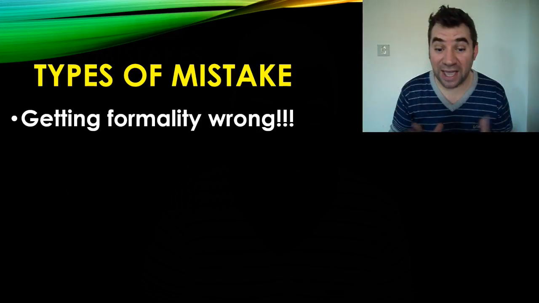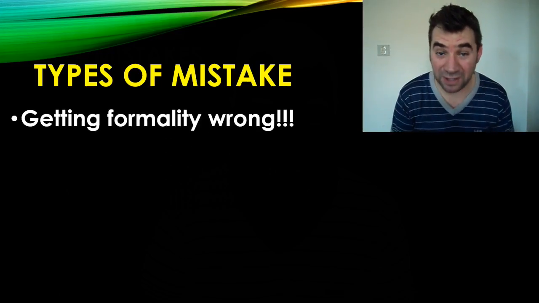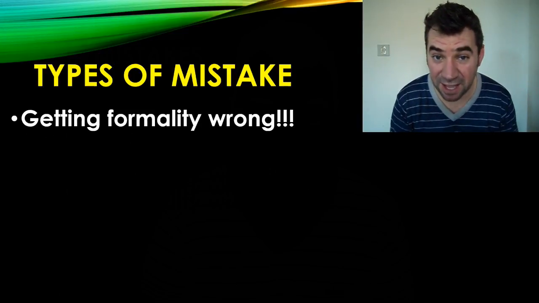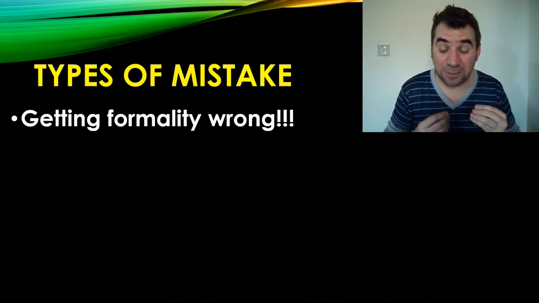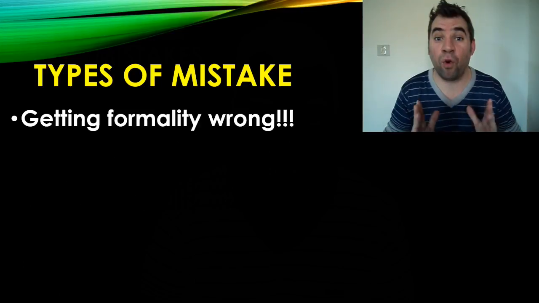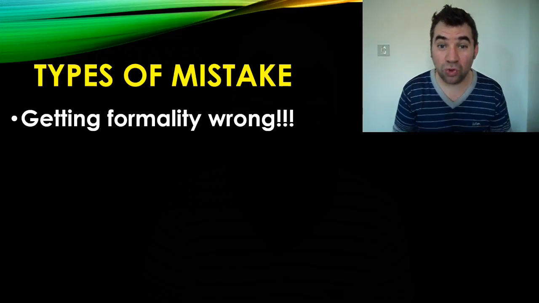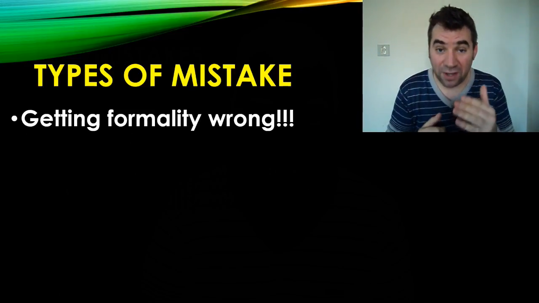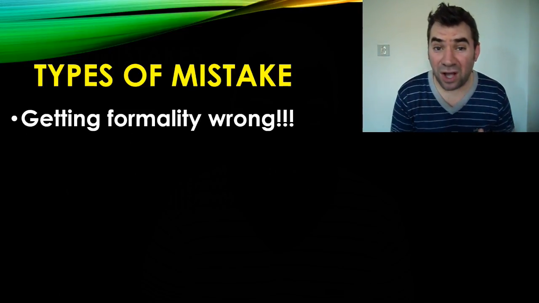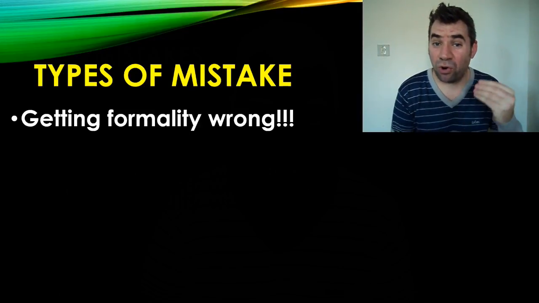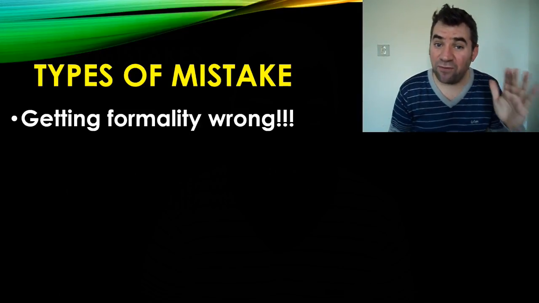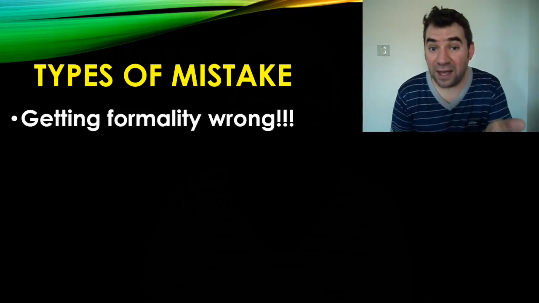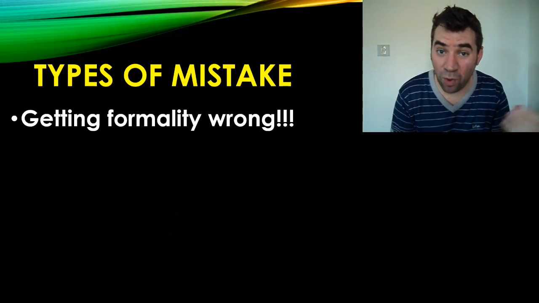The first mistake, and this is very important, especially in the FCE exam, because the examiners expect you to know about formality. Okay, so you should know the difference between informal, neutral and formal. For example, if you're asked to write an article or a review, it's in a kind of informal style, or an email to a friend, informal.